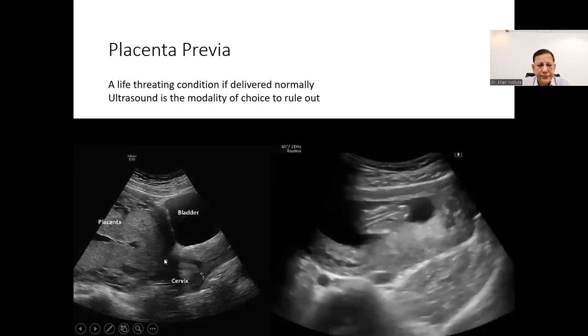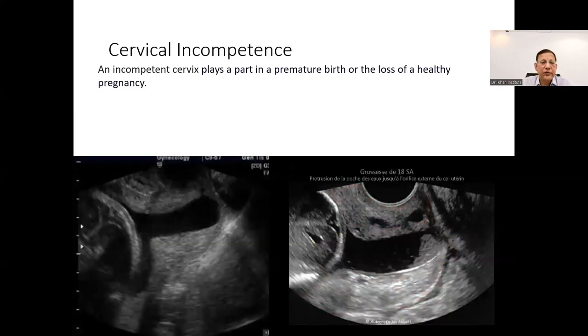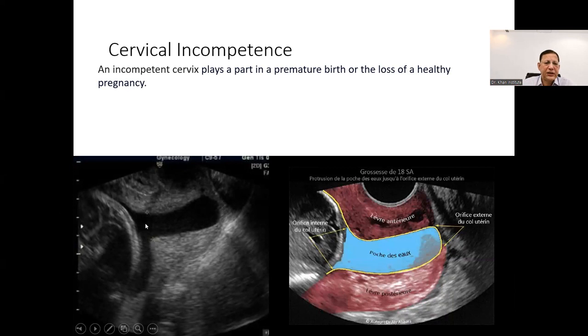If we measure this, and it measures less than 25 millimeter, or 2.5 centimeter, then what happens is that after approximately 14, 15, 16 weeks, the cervix is too short to hold the weight of the baby, and that will result in opening of the internal os because of the pressure the fetus is putting on the cervical canal.